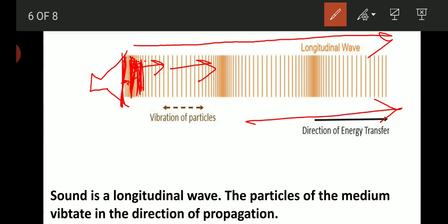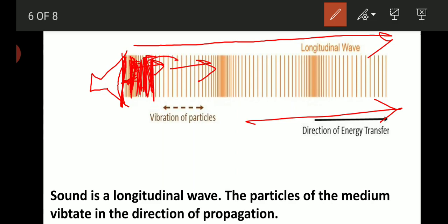Now, when the loudspeaker membrane comes back, the particles in the air also come back to their original position. So here again the particles become far away from each other and the neighboring particles become close to each other.